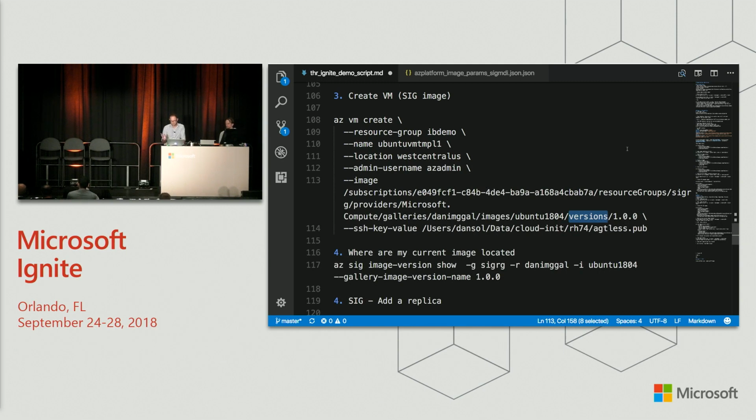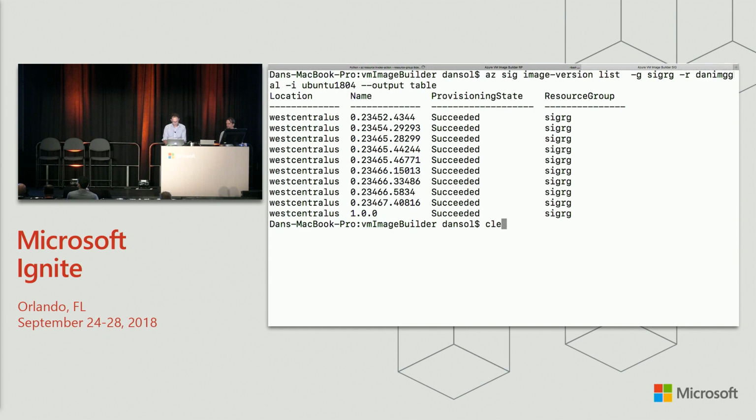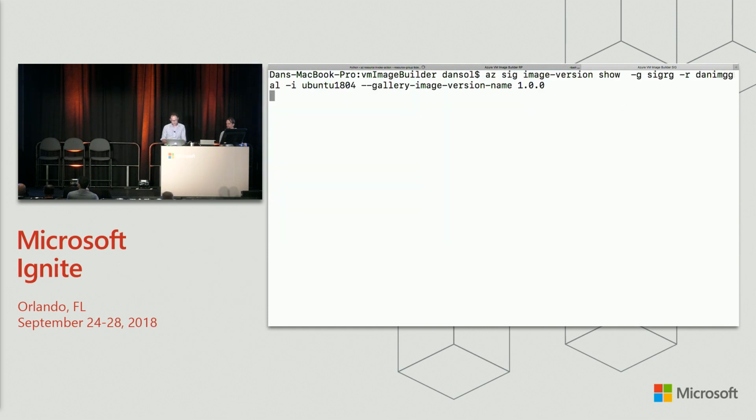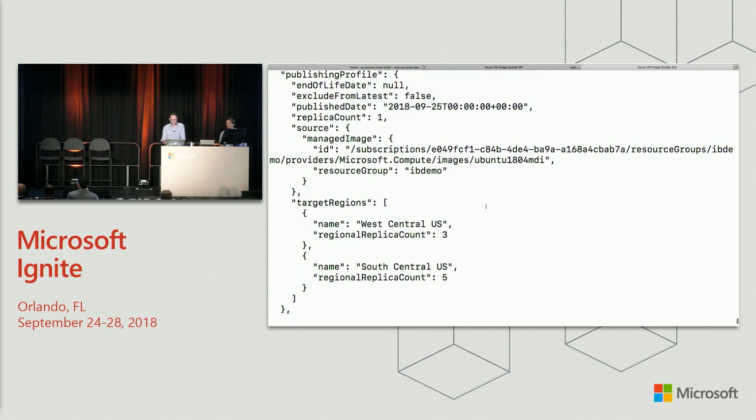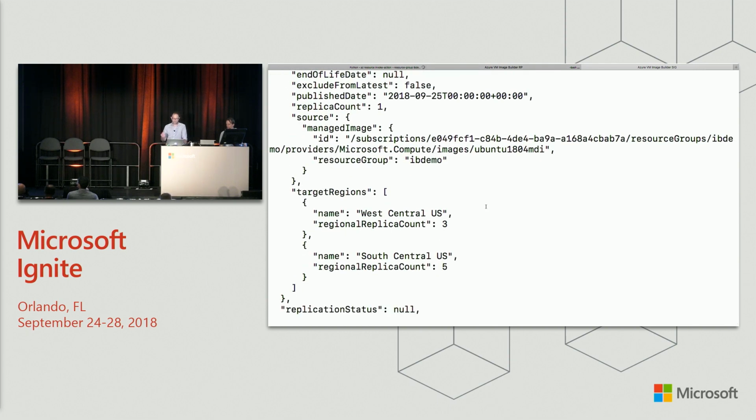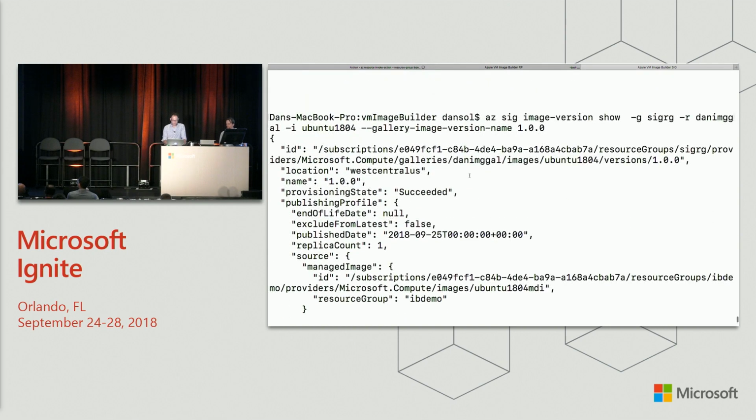Now, I'm going to show you where the images are currently located, in which regions. So let's clear that. For this particular image version, I'm looking at image version 1.0 in my Ubuntu 18.04 image definition.